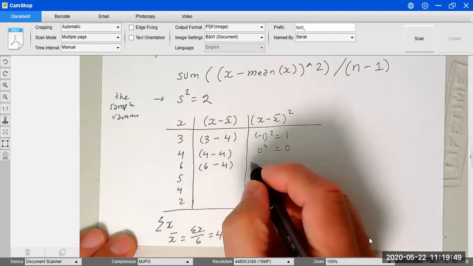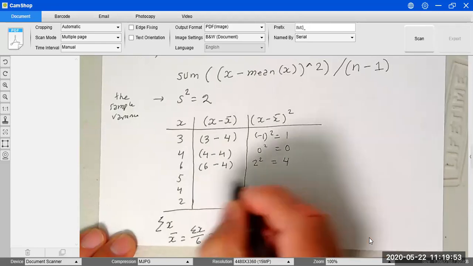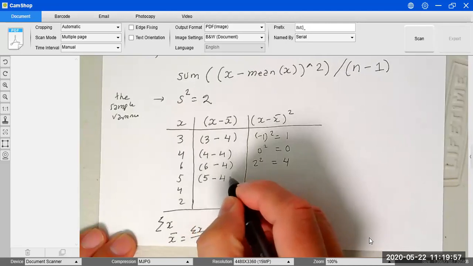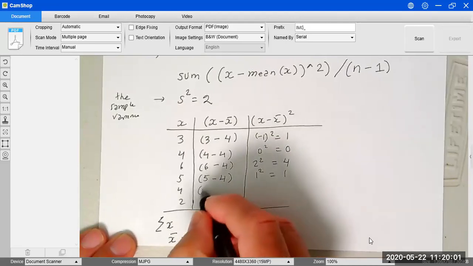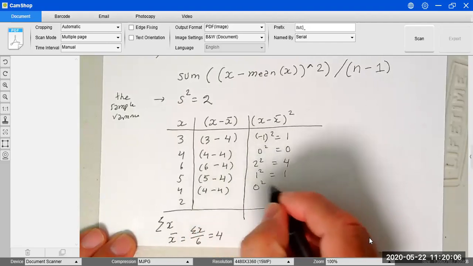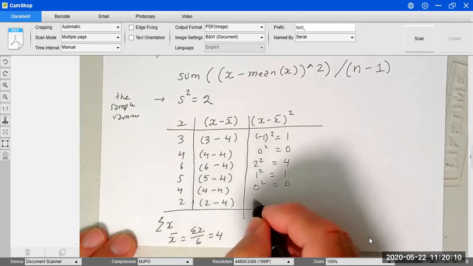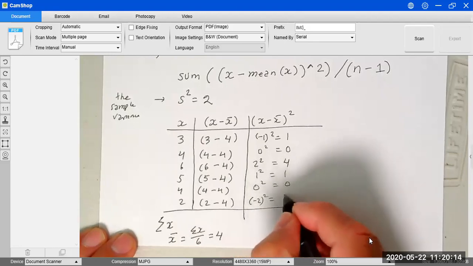This is 2. If you square that, you get 4. Then you have 5 minus 4. This is just 1. If you square it, it's just 1. Then again, 4 minus 4, you get again 0. And finally, 2 minus 4 is going to be negative 2. If you square it, you get 4.